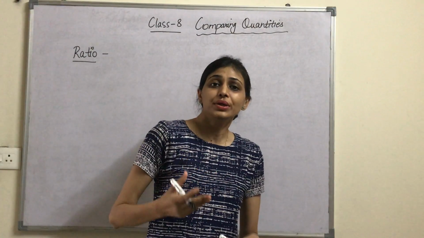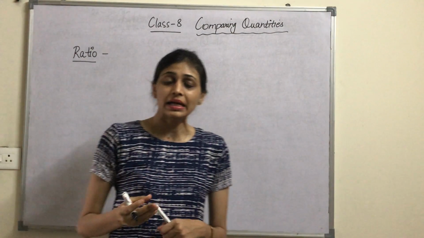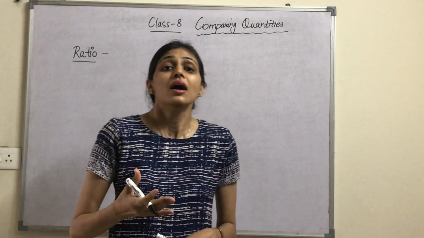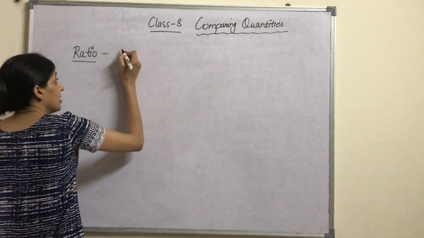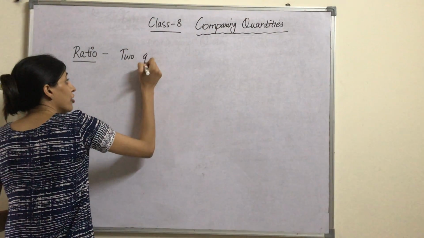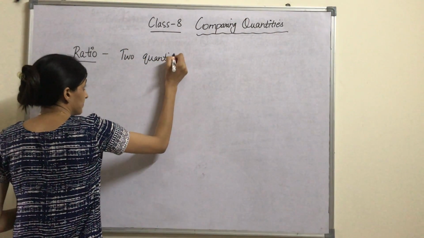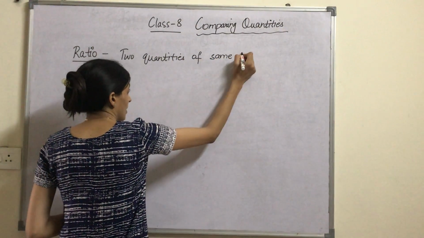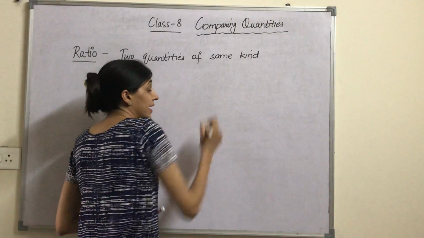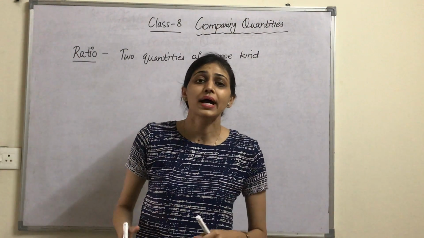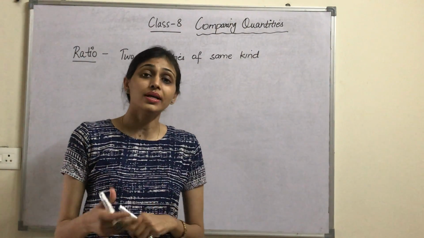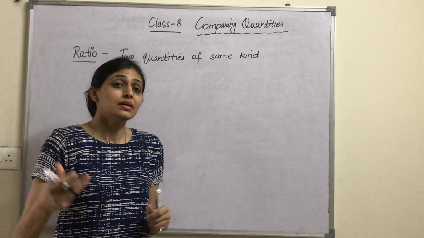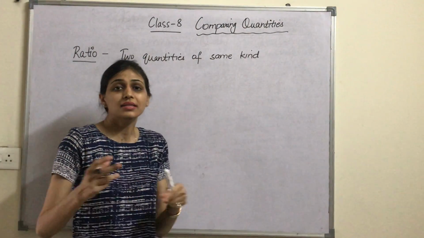Whenever two quantities of the same kind are divided with each other, then we say this is a ratio. What do you mean by same kind? Suppose we are dividing two values, one in kgs and one in liters. We cannot divide that because kg and liters are different.